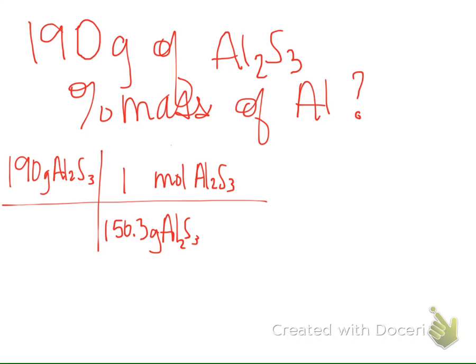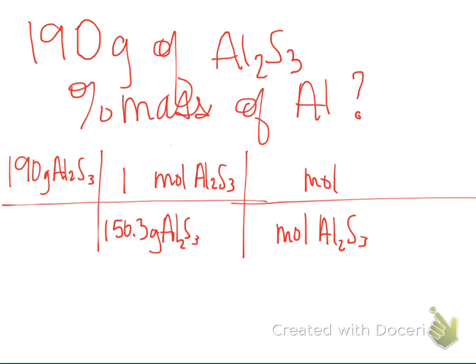Then if I want to go between moles of aluminum sulfide and moles of aluminum, in 1 mole of aluminum sulfide, how many moles of aluminum do we have? 1 mole of aluminum sulfide equals 2 moles of aluminum. We know that because it's got this 2 subscript here. Does that part make sense?